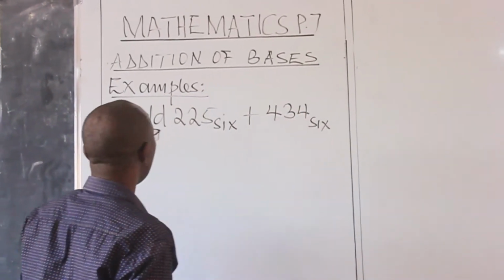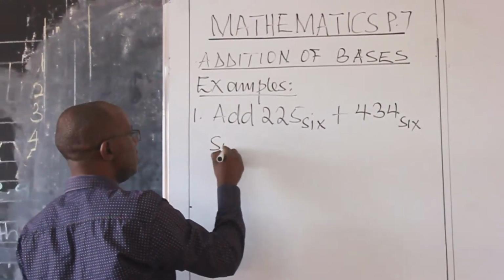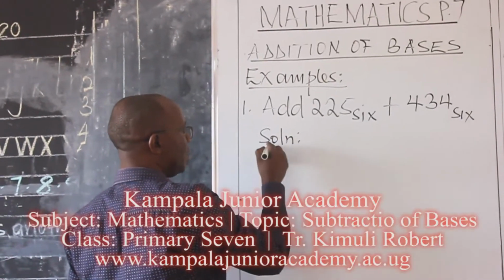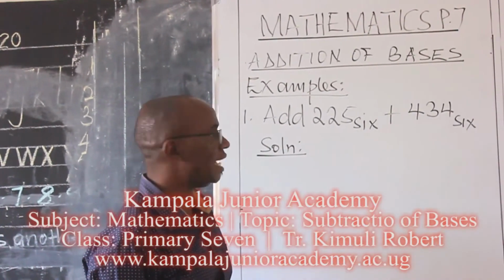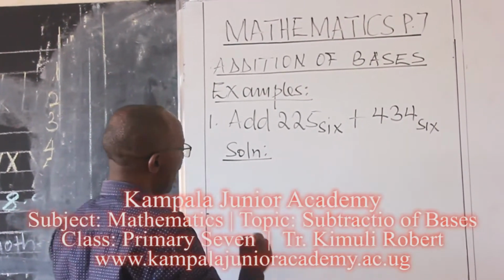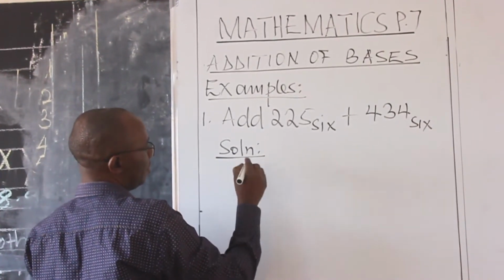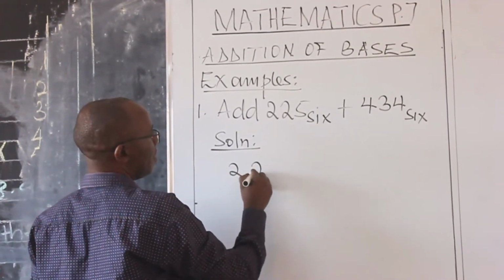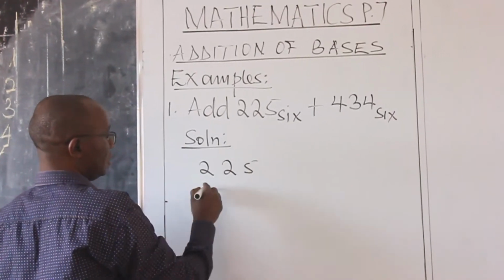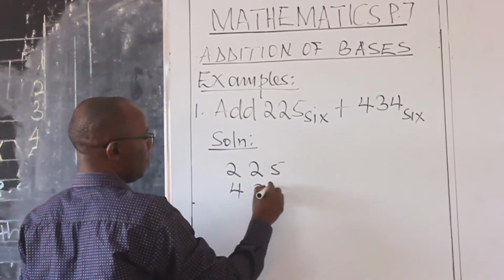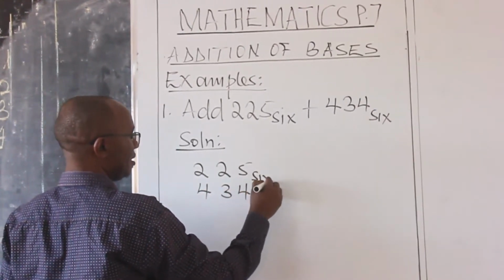So now let us add. This is the solution. Please, you need to be very, very attentive. So we are adding, and I am going to arrange it vertically: 225 base 6 and 434 base 6.